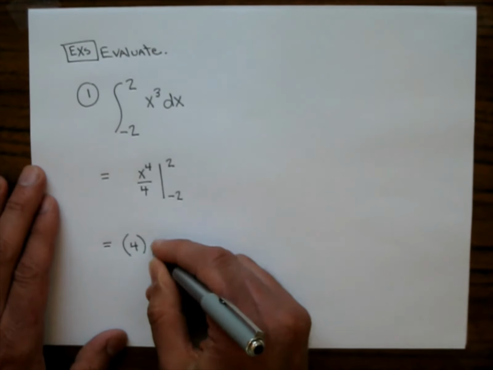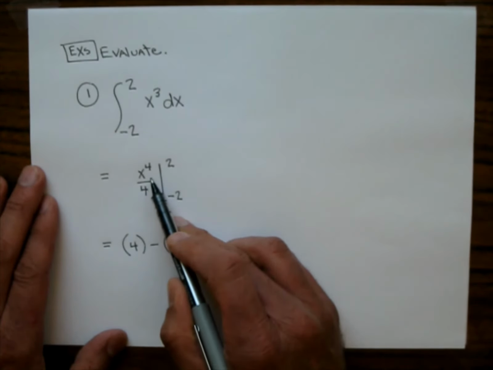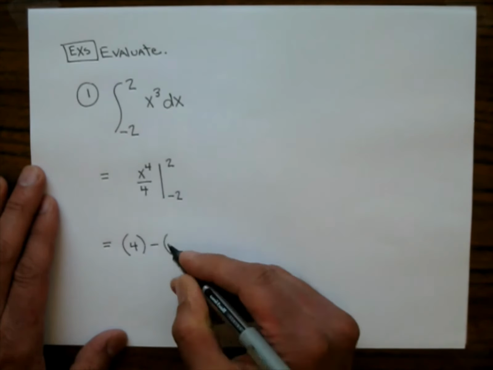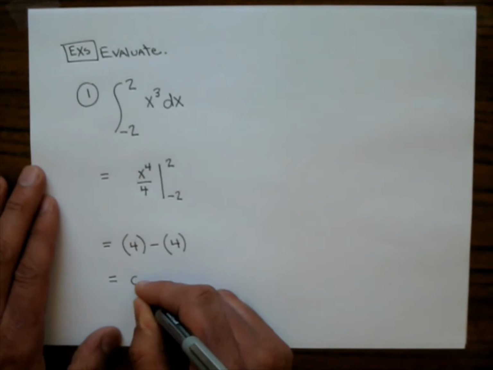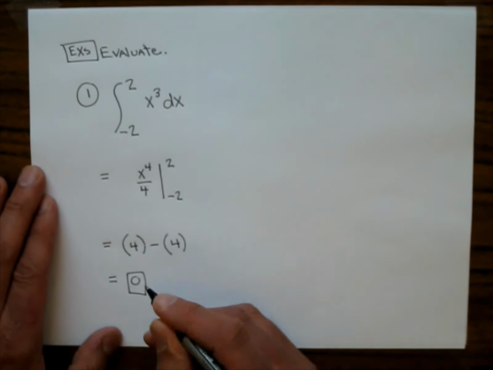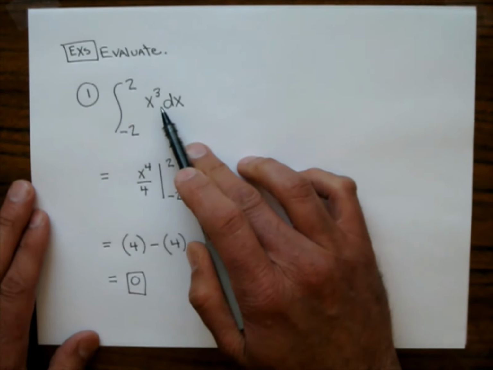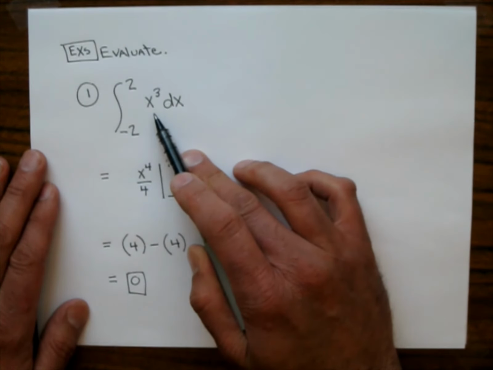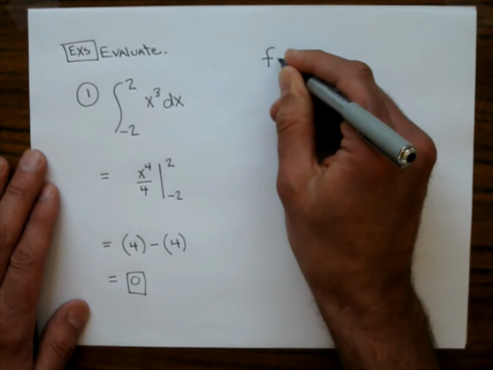Now I'm going to subtract and put the bottom one in. This is also going to give me negative 2 to the fourth, so it's also going to give me 16 over 4, which is 4. I end up getting 0. So a few things to realize about this: x cubed happens to be an odd function. Now I'll do that little test from the first page.